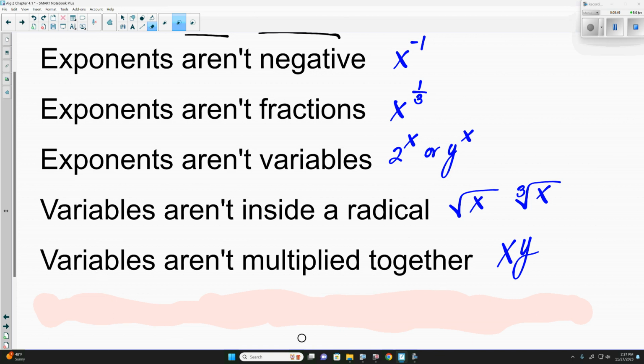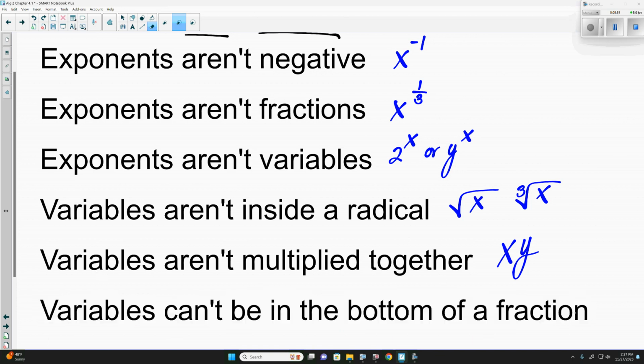And last but not least, variables cannot be in the bottom of a fraction. Specifically, the bottom of the fraction. We can have x over 2. We can have x in a fraction, but it has to be on top. It cannot be on bottom.